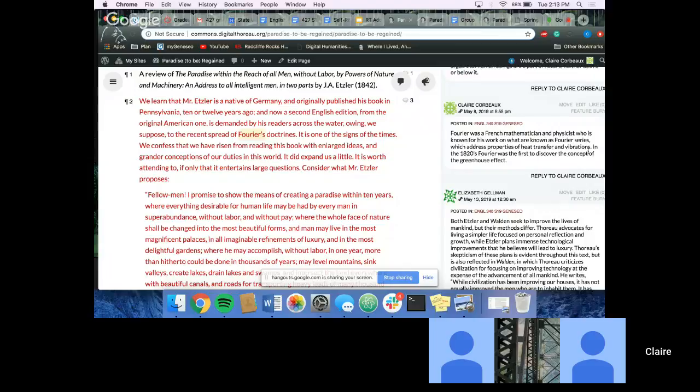So Thoreau was really skeptical of any notion that if you just organize people the right way, or if you had the right technology, this is part of his skepticism even about politics, even though he gets involved in the politics of abolition.